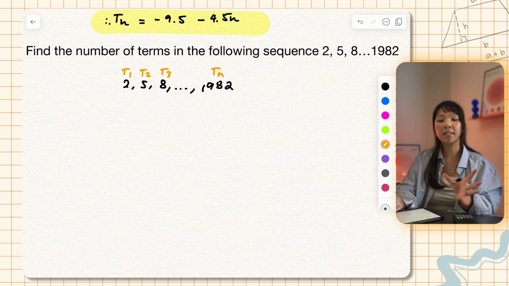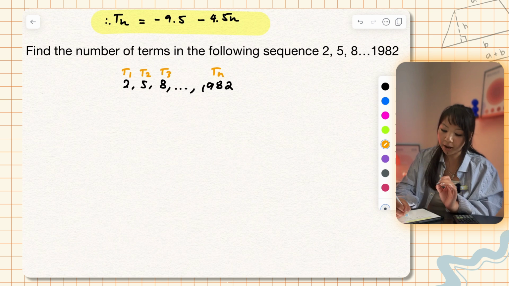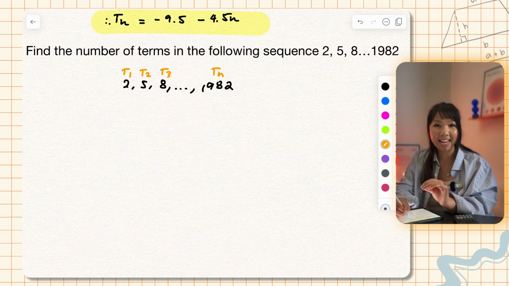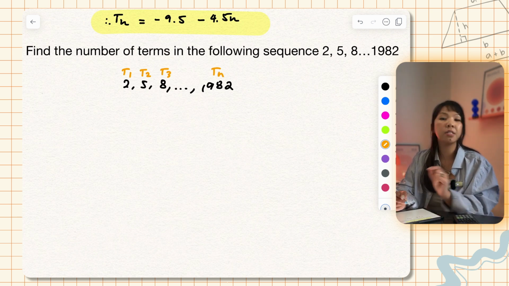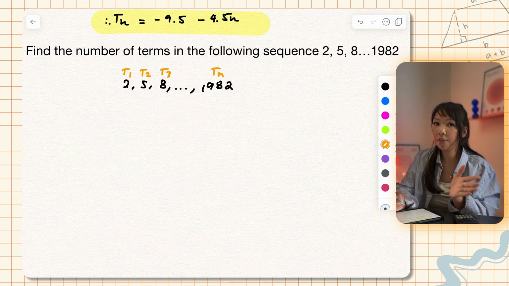I'm just going to generalize it and say that this is the nth term, or Tn, and my job is to find the value of n that this corresponds to. This might be the 100th term, it might be the 200th term, we don't know.